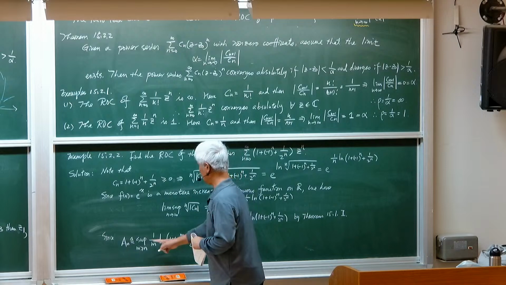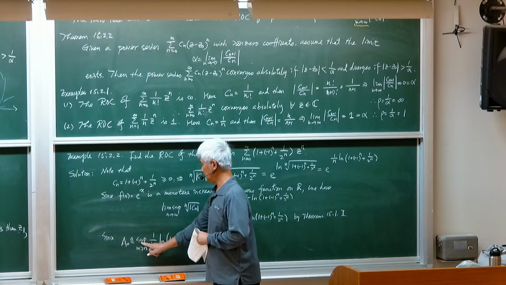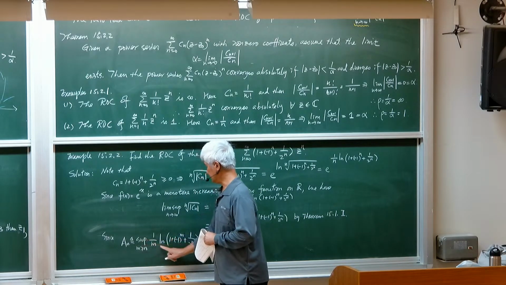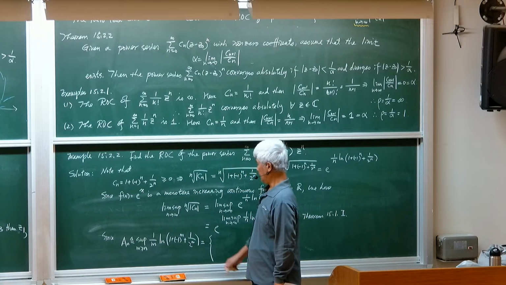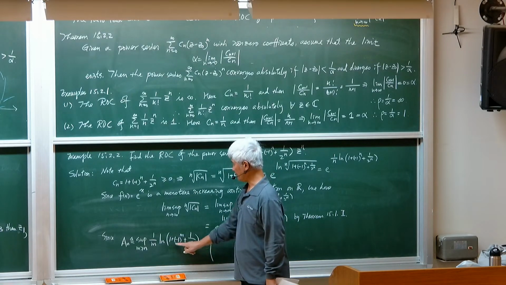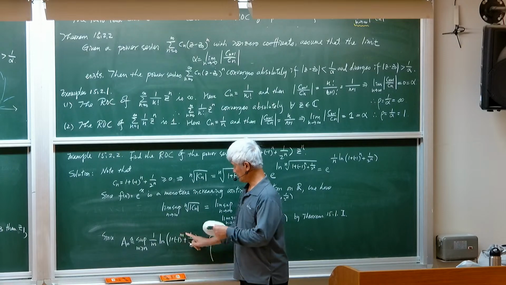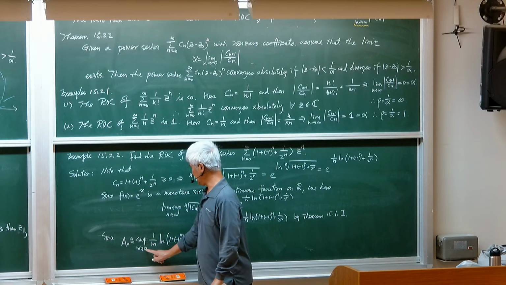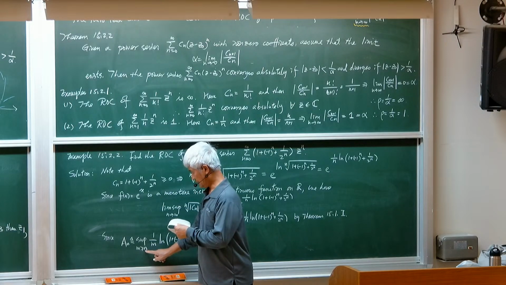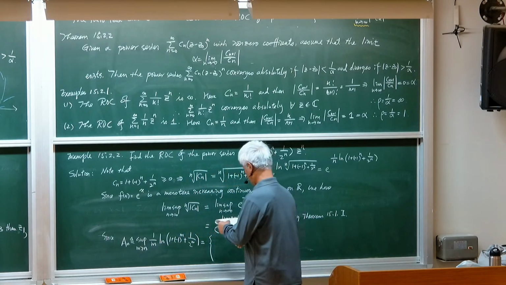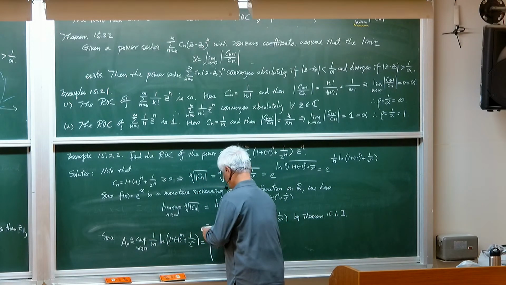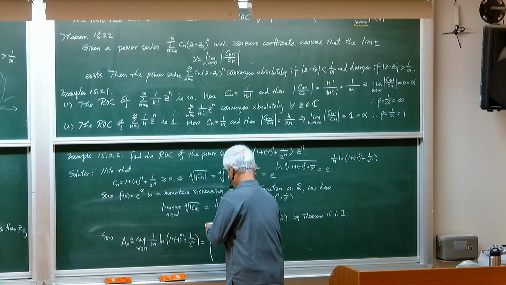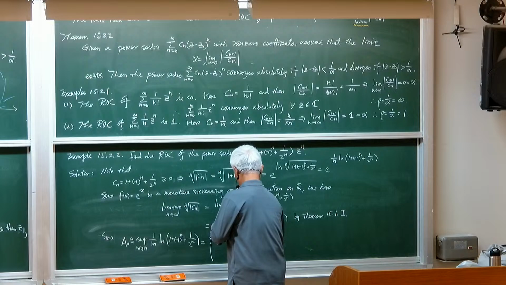Now because we want to take this upper bound, as we know, if m is even, it started from n there, so if n is even, we have 1 over n times the natural logarithm of 2 plus 1 over 2 to the n's power.